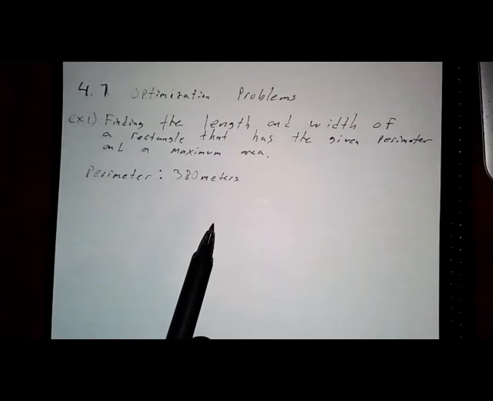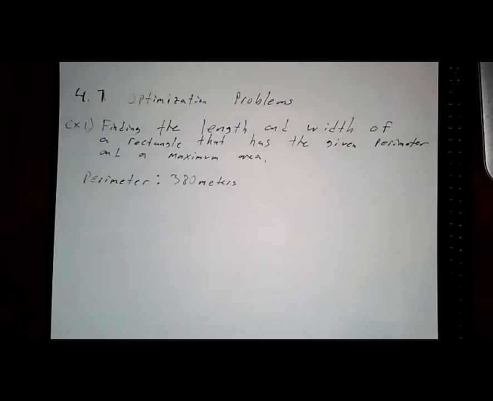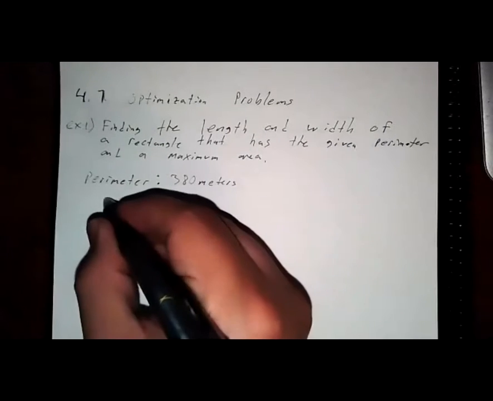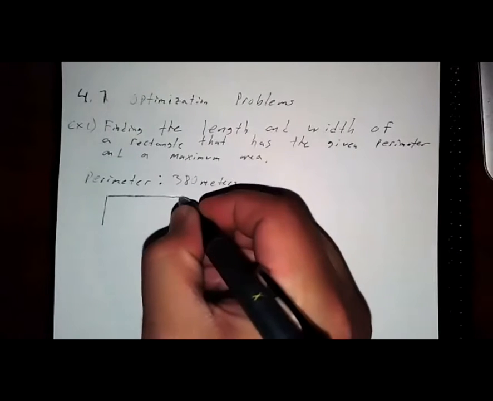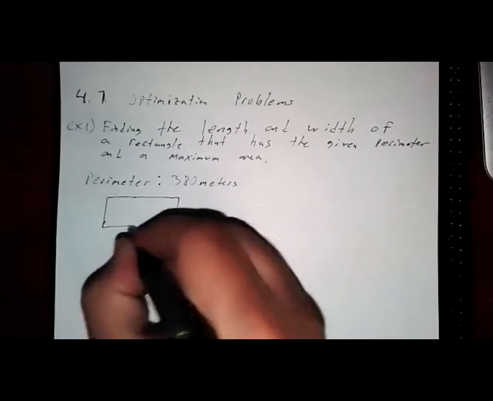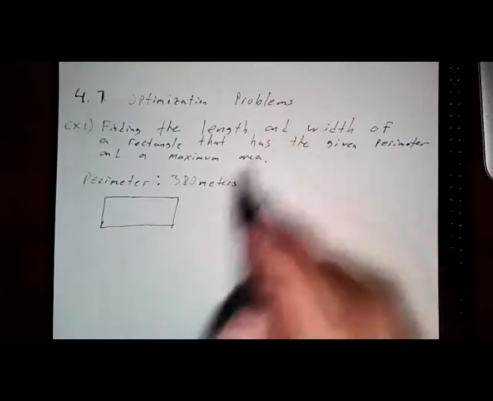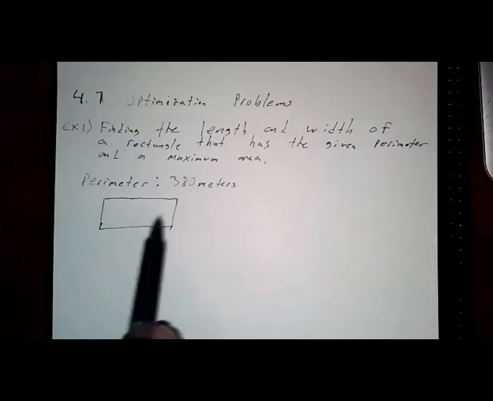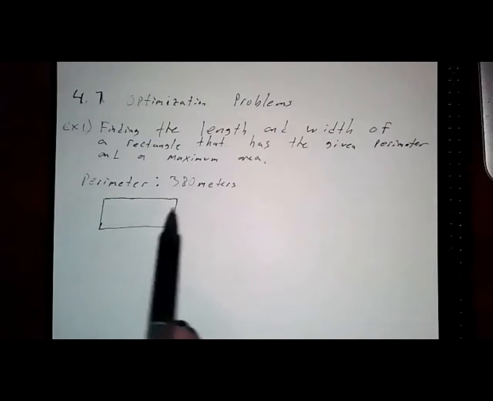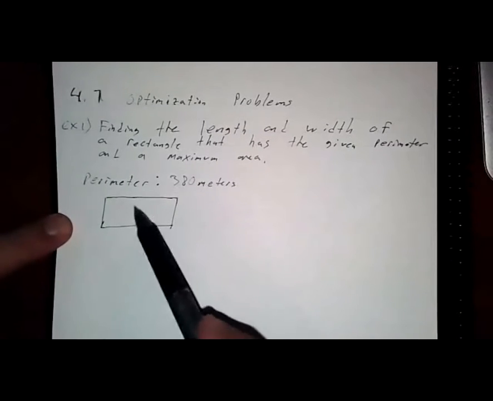So basically, the idea is you're drawing a rectangle, right? We don't know what dimensions the sides, the width and length, should be. I do know that the total distance around has to be 380. So let's say you're trying to create a fence to enclose something, but you want to make this space as big as possible.